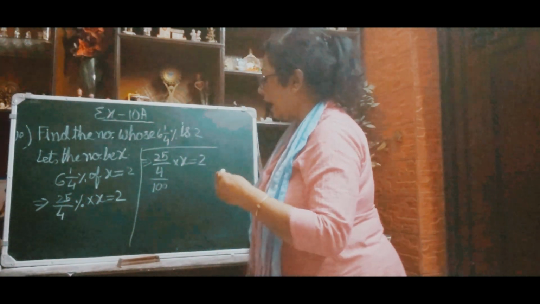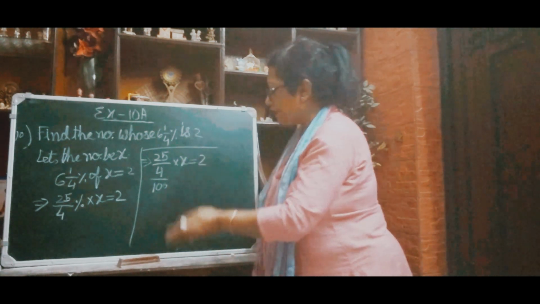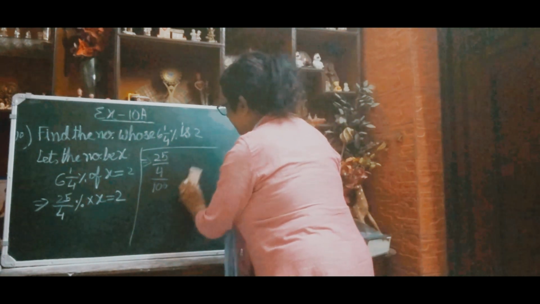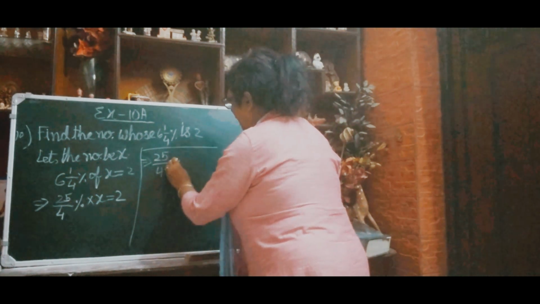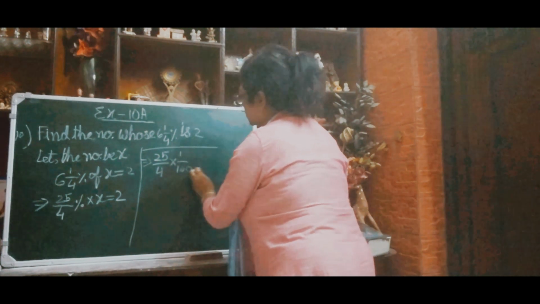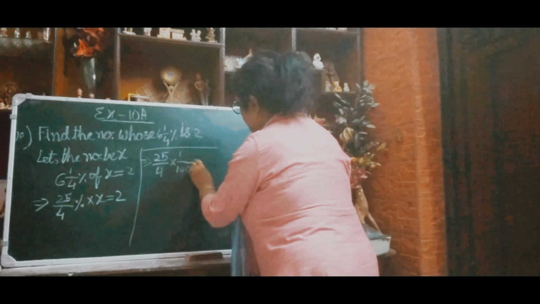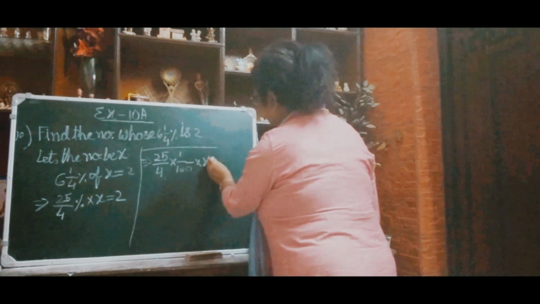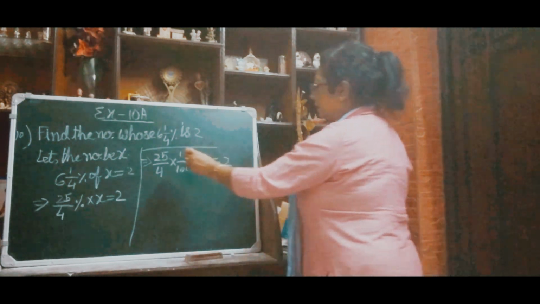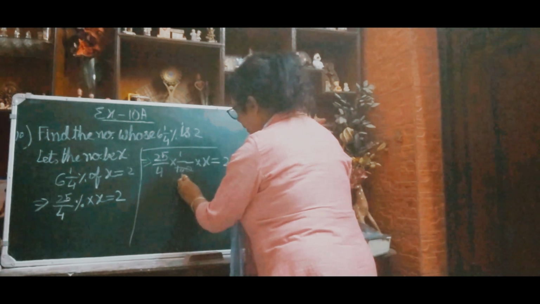If you have confusion that 100 has come down, you can also write it this way: 25 by 4 into 1 by 100 into x equals 2. Now it is very easy. You can simplify it: 25 fours are 100.